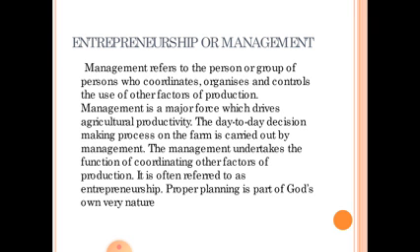Management is a major force which drives agricultural productivity. The day-to-day decision-making process on the farm is carried out by management. The management undertakes the function of coordinating other factors of production. It is often referred to as entrepreneurship.